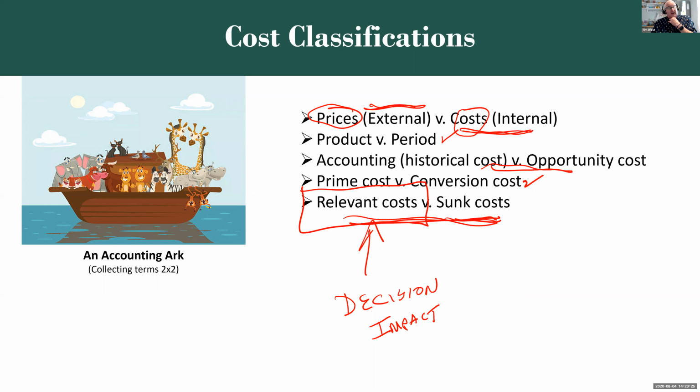So if I had already purchased tickets to go to the opera, sadly I'm not an opera fan, then I had an opportunity to buy tickets for the same night to go see Beyonce. What's the sunk cost? The sunk cost is the tickets that you bought for the opera.